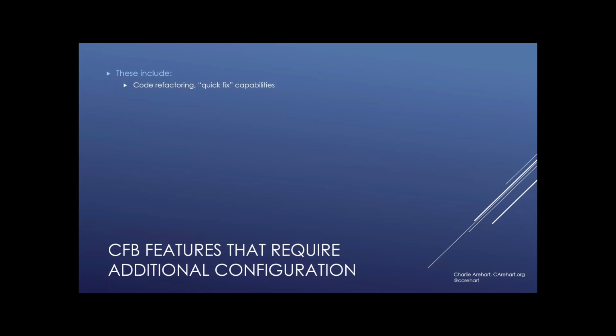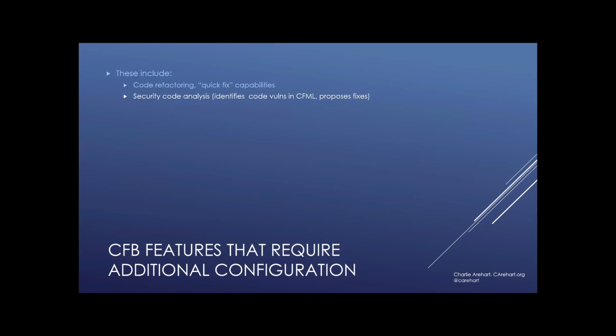So there's code refactoring, where you can open a file, make a change, and tell it that change is going to have propagating effects on other code in the workspace or directory of code, and it can find it and make those changes or suggest that it's going to make them, and you can tell it yes or no. And it's got quick fix capabilities to detect that something's not right, and it's offering, hey, I could fix this for you.